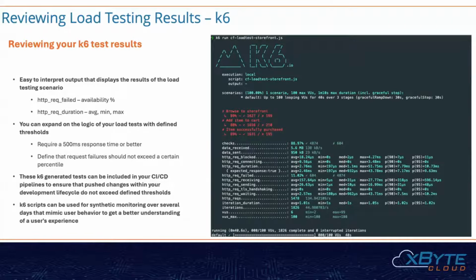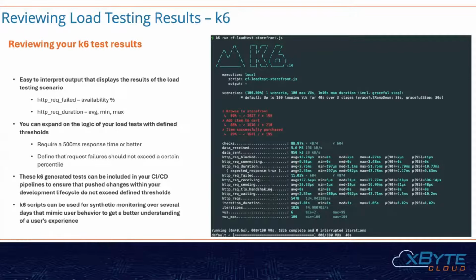I mentioned it earlier, but these K6 generated tests can actually be included as a part of your development lifecycle. You don't have to just do these tests manually, although a lot of them are performed that way. You can also attach this K6 functionality to your CI/CD pipeline. So every time you push a change to production or staging, you could set up a defined acceptance test based on the KPIs or the tolerance you've set for your application.